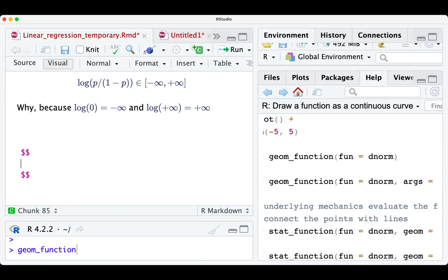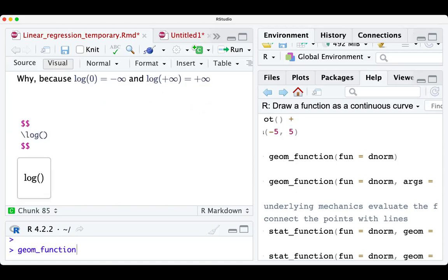We have this function, which is the logarithm of p of x divided by 1 minus p of x. And this is the function f we were looking for.